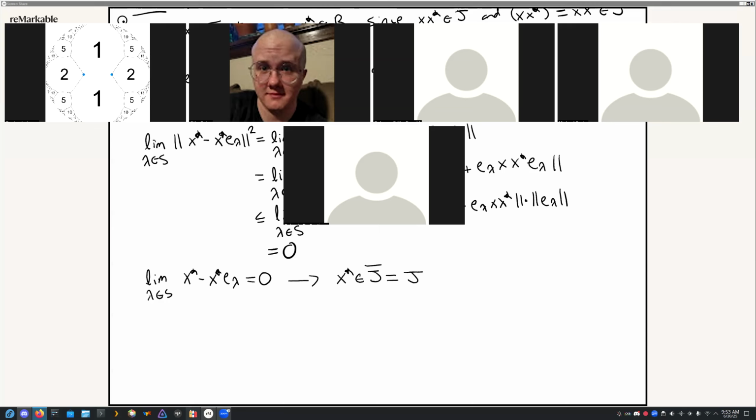It's automatically complete, and we inherit the C-star identity from the ambient C-star algebra. So we actually have that every closed two-sided ideal of a C-star algebra is a C-star algebra.